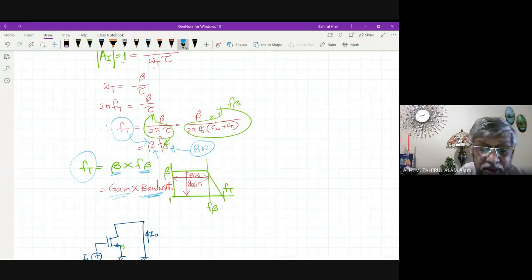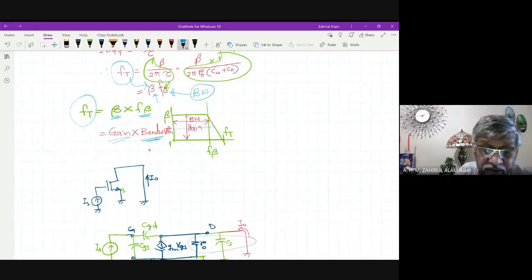This is applicable if you have not short circuited; otherwise our gain will reduce, but the bandwidth I will discuss later during feedback.